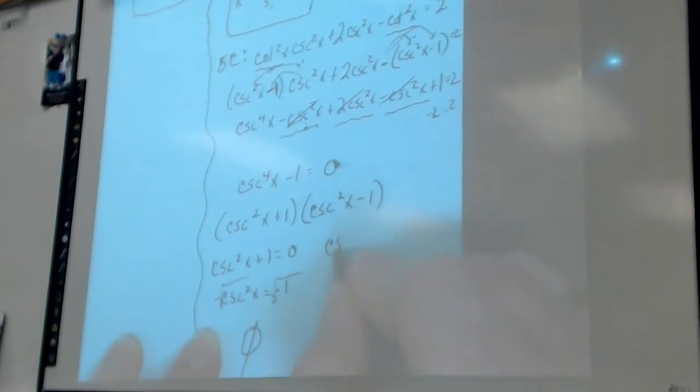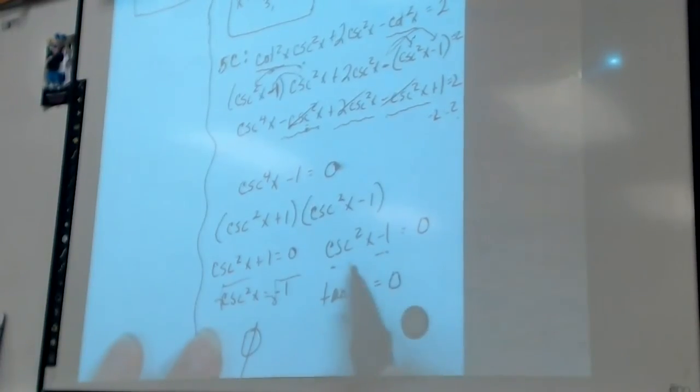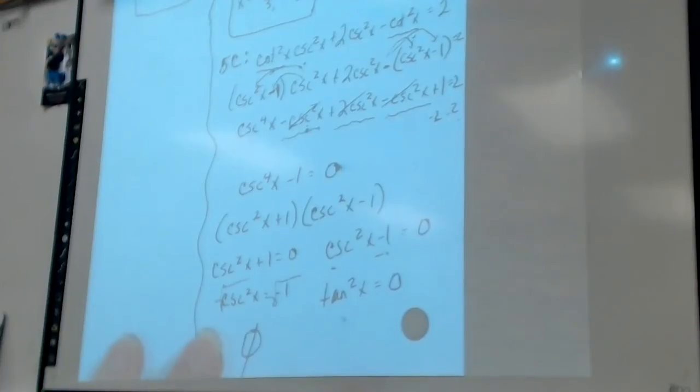What you could do first, since we're setting it equal to 0, is use tangent squared. Wouldn't that make it a lot simpler if we just set tangent squared x equal to 0? Otherwise, we'd have cosecant squared x equals 1, and then we'd have to figure it out.